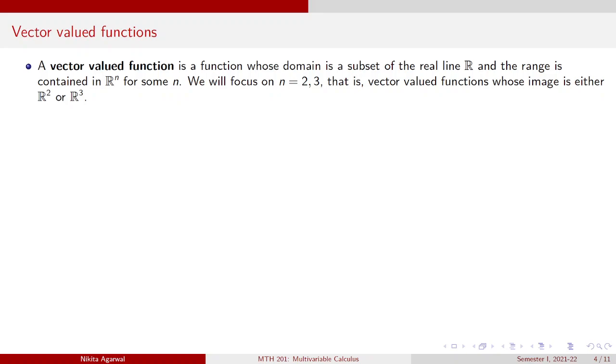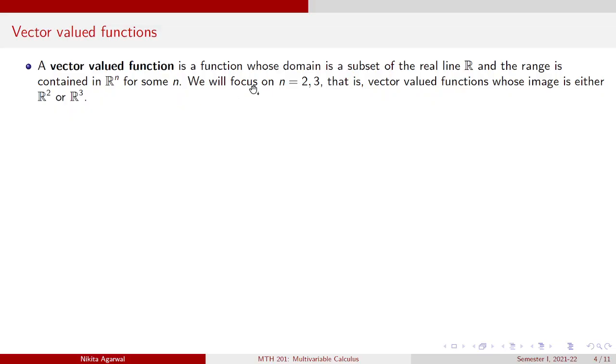Now let us take inspiration from this and let us define in general what are called vector valued functions. A vector valued function is a function whose domain is a subset of the real line, so it starts from a subset of R, and whose range is contained in Rn for some n.